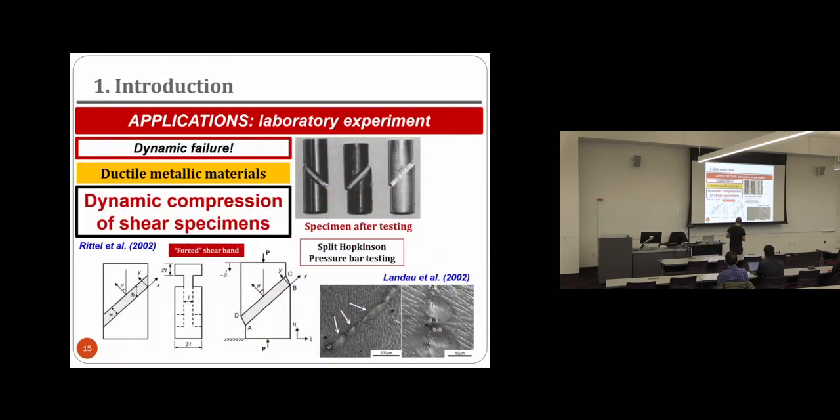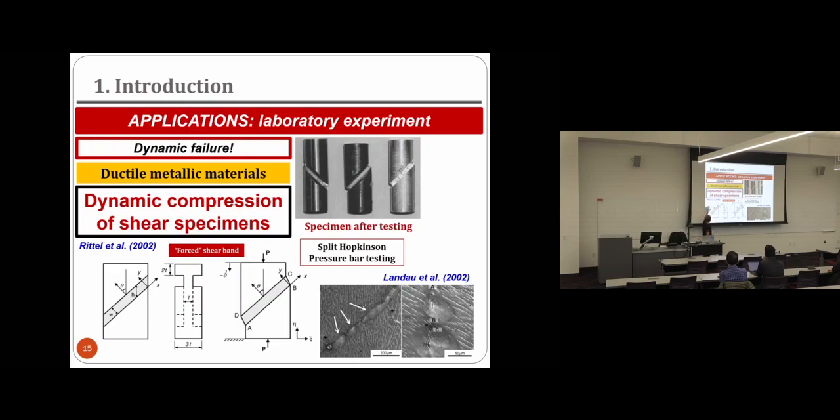Another experimental configuration to study shear bands at high strain rates, instead of using a split Hopkinson torsion bar like in the previous case, uses a split Hopkinson pressure bar, the usual one. And instead of a thin wall tube subjected to torsion, we use a very simple configuration, which is a cylindrical specimen with a slot here, right?